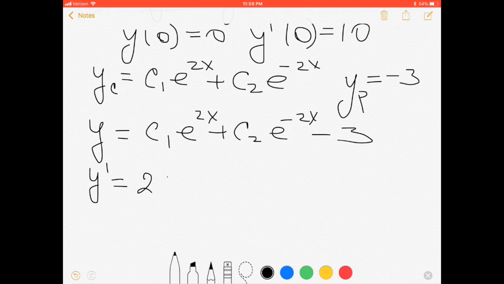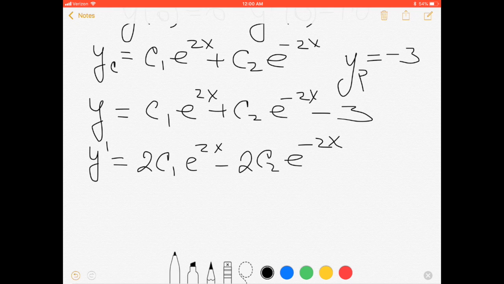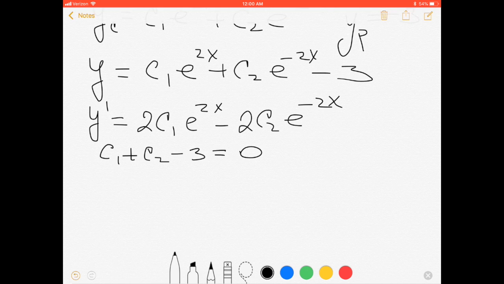Okay, use the same trick. This means find the first derivative. We have 2c1 e^(2x) minus 2c2 e^(-2x). And plugging in our initial point here, if you plug into the function, you have c1 plus c2 minus 3 equals 0. If we plug into the derivative, we have 2c1 minus 2c2 equals 10.